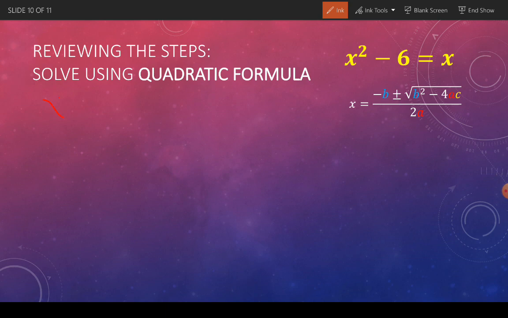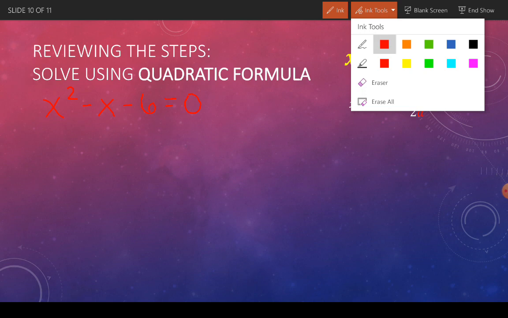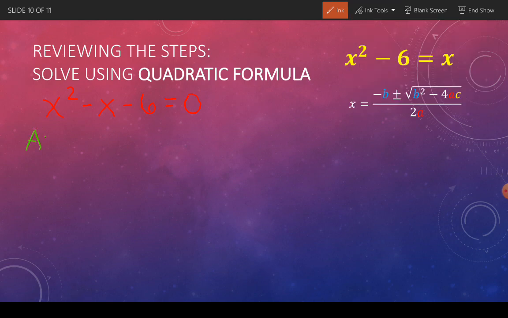So we'll subtract x from both sides, and we'll get x squared minus x minus 6 equals 0. Next, we need to identify a, b, and c. So a is 1, b is negative 1, and c is negative 6.